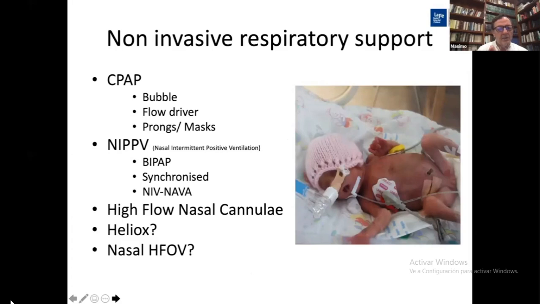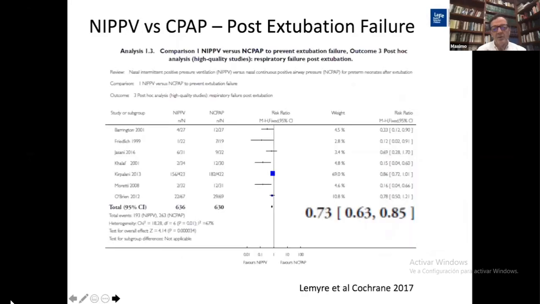We have the CPAP, which can be in three forms: bubble, flow driver, or prongs, mask, the nasal intermittent positive pressure ventilation, also in three different modalities, and the high flow nasal cannula. We have done an analysis to see which was the best, for example, for extubation failure.